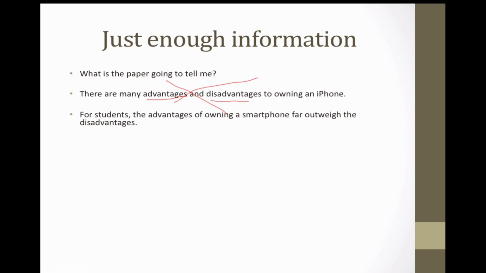So here we're telling them something they don't know. And again, I differentiate that by saying something like far outweigh. I'm quantifying, saying there are more advantages than there are disadvantages. So by using the right vocabulary, I made it a little bit more precise, and also I gave enough information.